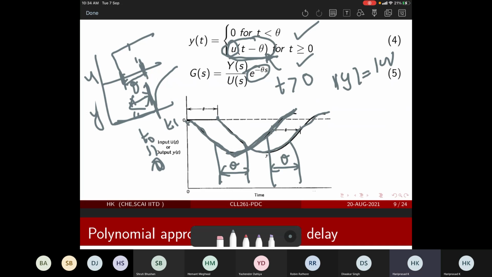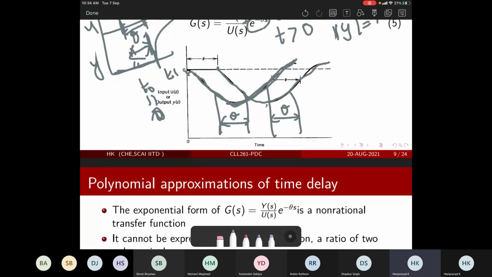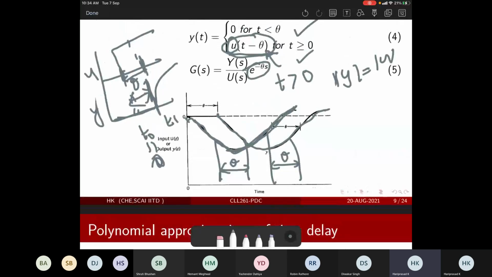So this is a very difficult issue here. See, we are always of the impression that your transfer function would contain some numerator polynomial and denominator polynomial. But now you have got a term that is non-polynomial, an exponential term, and you don't know how to deal with it.